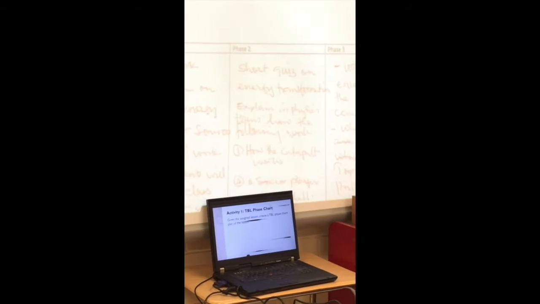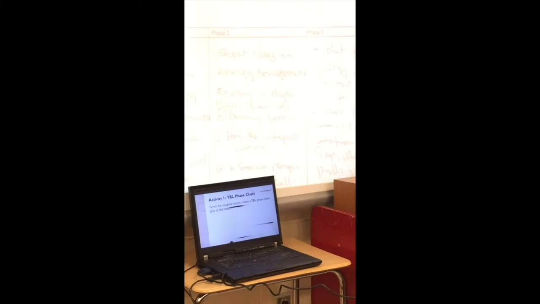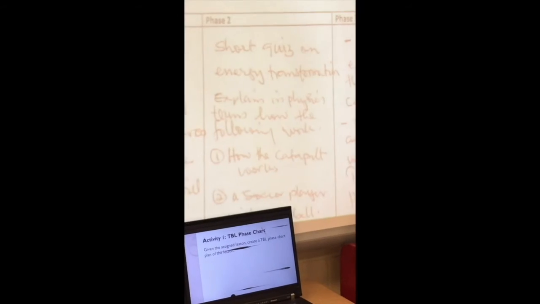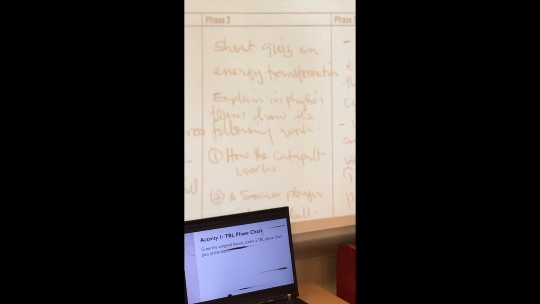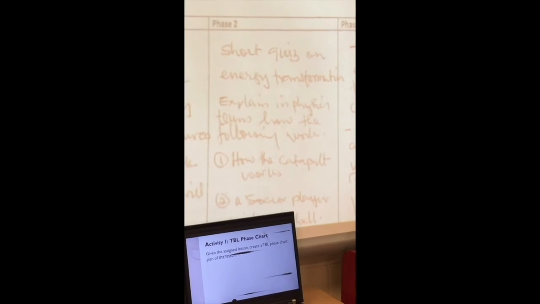With that, the second stage is that the students will be in class. We now test the students' knowledge on how energy conservation takes place, how energy is transformed from one type of energy to another.